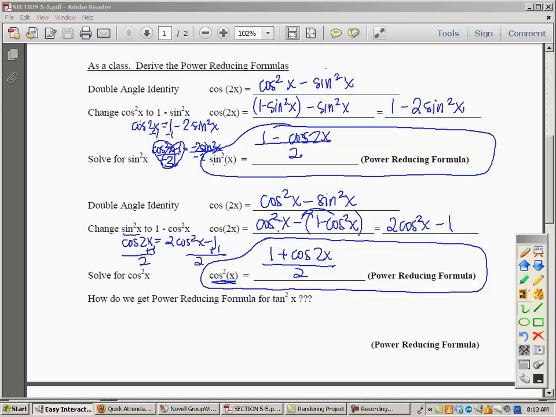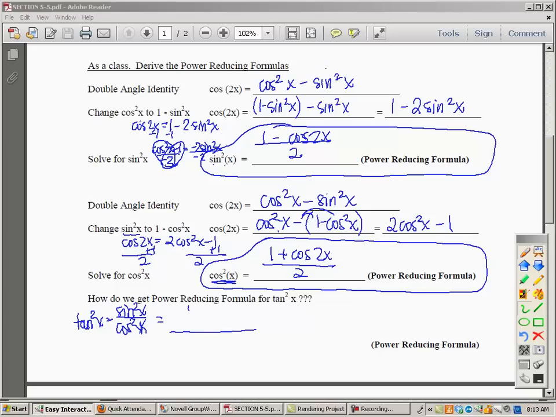cosine. Okay? And then the last thing we ask you is, well, could we do it for tangent squared? Well, sure, because tangent is sine over cosine. So if tangent squared is sine squared over cosine squared, I have a formula for each of those. So here we go.